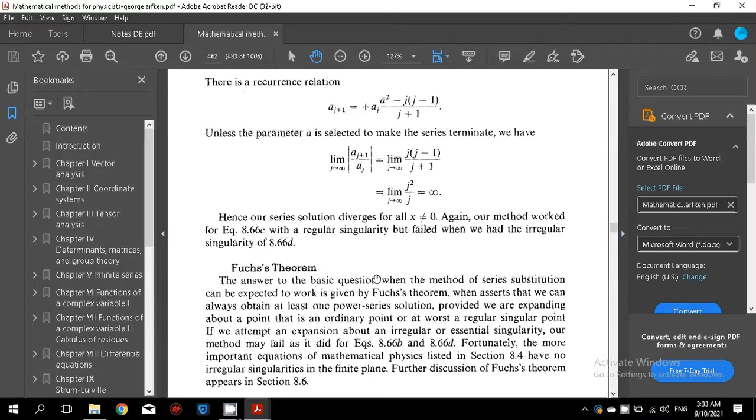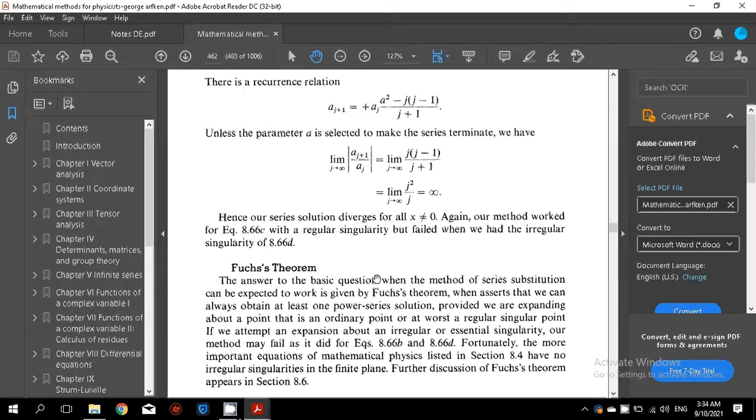So you must remember that we discussed three types of points of expansion. One was the regular point, in which both polynomials p(x) and q(x) are not equal to infinity, and the second type was the regular singular point, in which p(x) and q(x) may be infinite, but when you multiply p(x) with (x minus x naught) and q(x) with (x minus x naught) square, then they become finite.